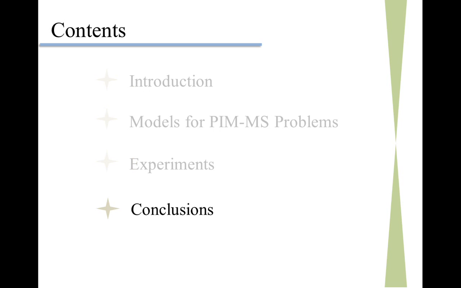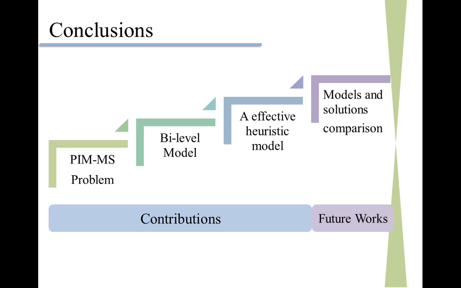Now, I would like to shift to the last part of my presentation, conclusions. To sum up, we make contributions as follows. First, partial interdiction median problem for multi-selling supply systems is introduced.